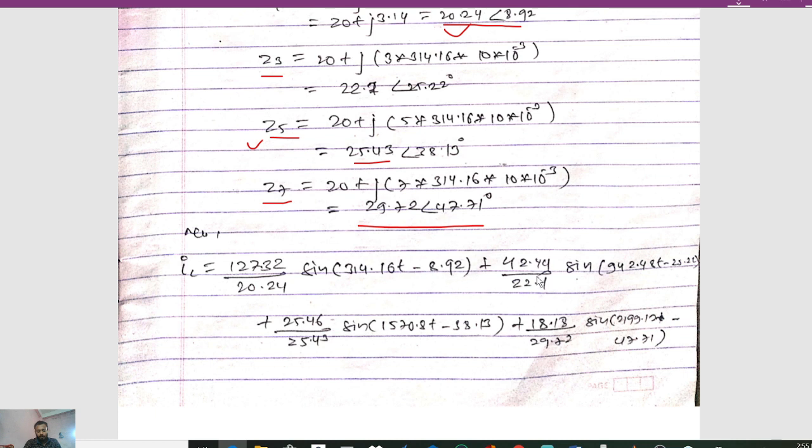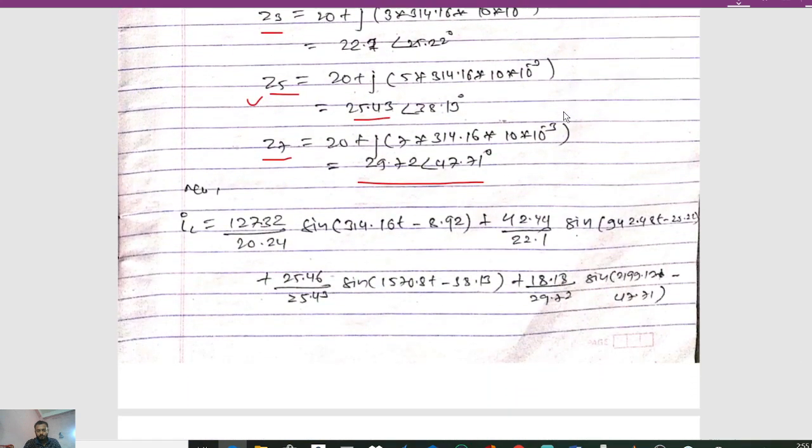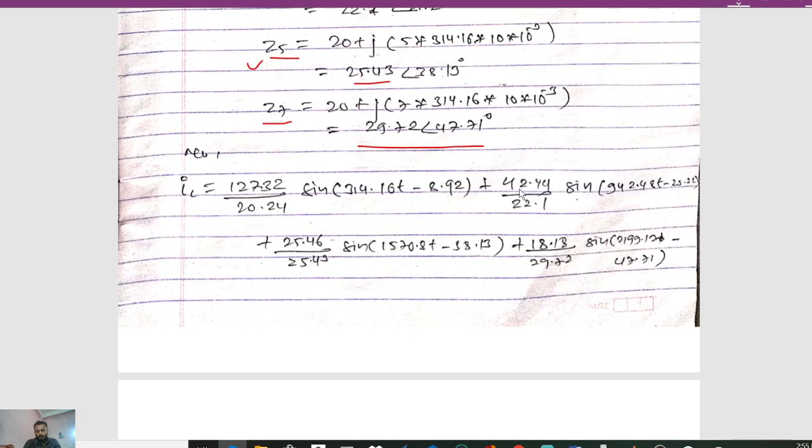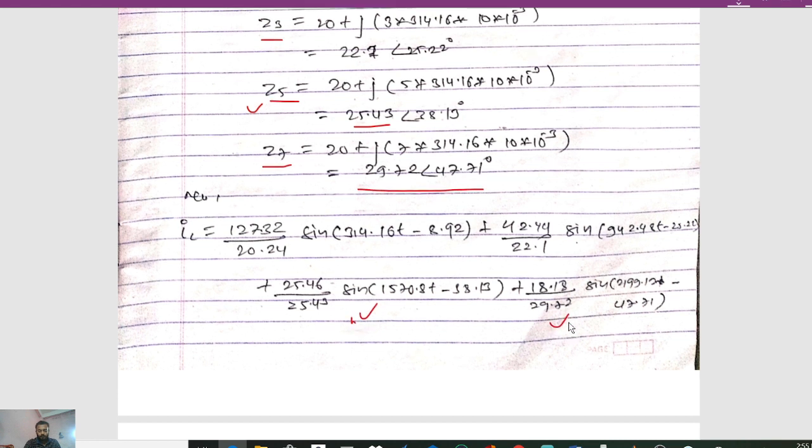Similarly for n equals 3, 42.44 upon Z3 which is 22.1, sin(942.48t − 25.22). Similarly we can write for n equals 5 and n equals 7.